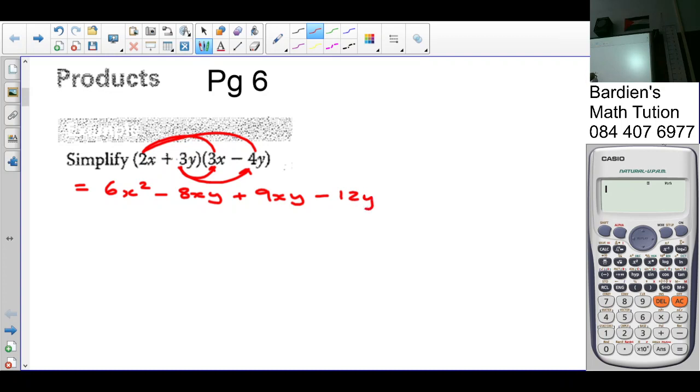Negative 12y squared. So what do I do now? Simplify. We collect like terms. So negative 8xy and 9xy are like terms. So it's going to give you 6x squared plus xy minus 12y squared. You all get that, right?